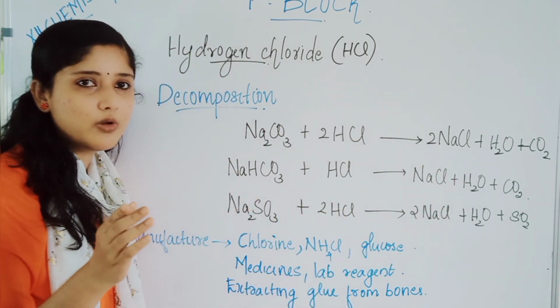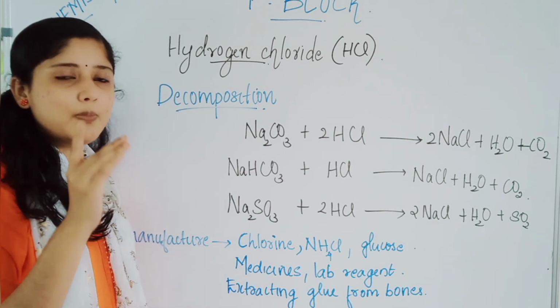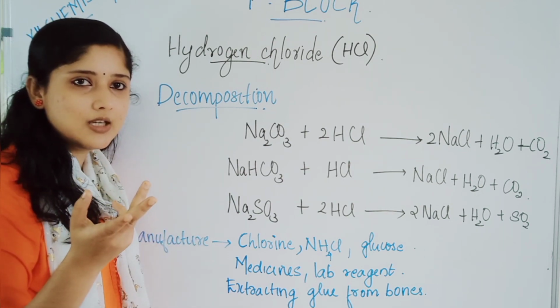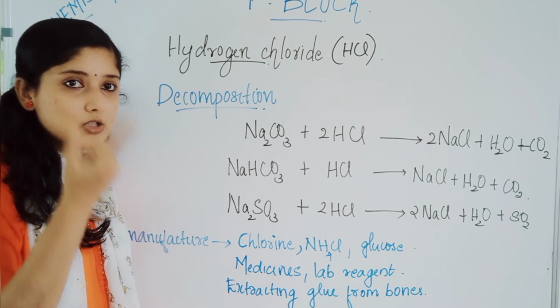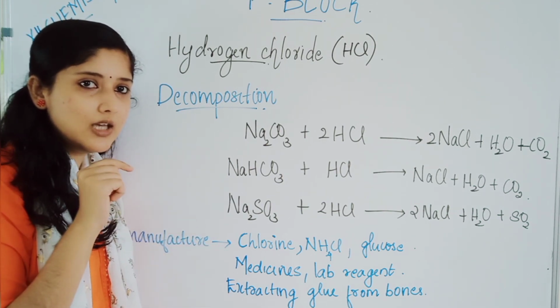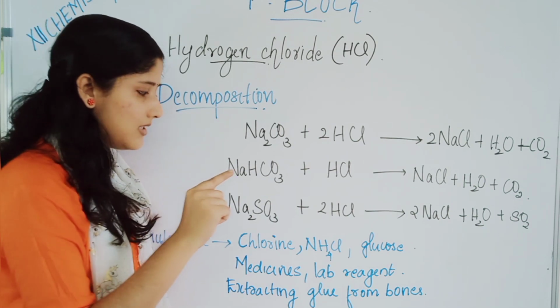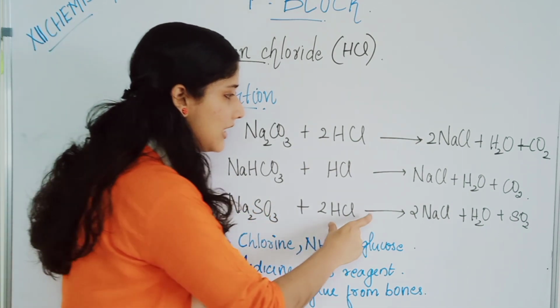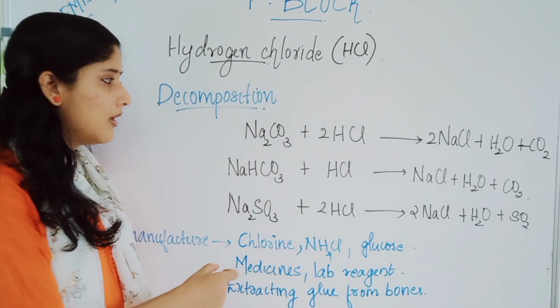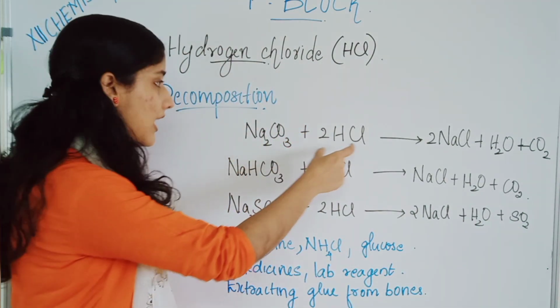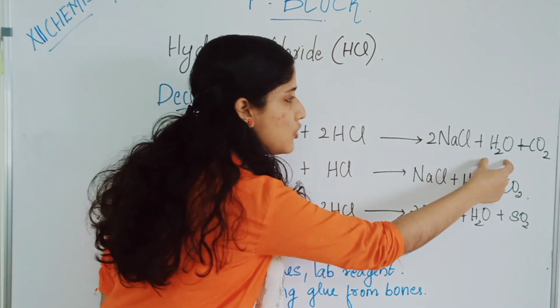Hydrogen chloride will help in decomposition of carbonates, sulfites and hydrogen carbonates and will obtain what? Sodium chloride. Similarly, carbon dioxide gas. When sulfites are treated with HCl, you will get sulfur dioxide SO2 gas. Look here, Na2CO3 plus HCl will give you NaCl plus H2O plus CO2.